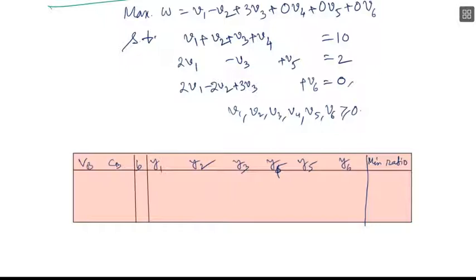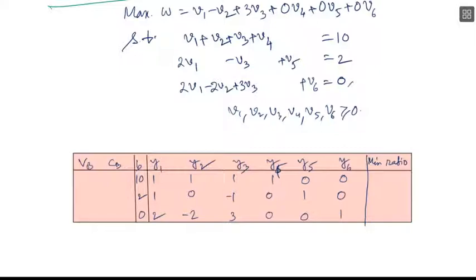So we first put the coefficient matrix into the table and the requirement vector B. It is 10, 2, 0, and the coefficient matrix is 1, 2, 2 in the first column, 1, 0, minus 2 in the second column, 1, minus 1, 3 in the third column, then 1, 0, 0, 0, 1, 0, and 0, 0, 1.